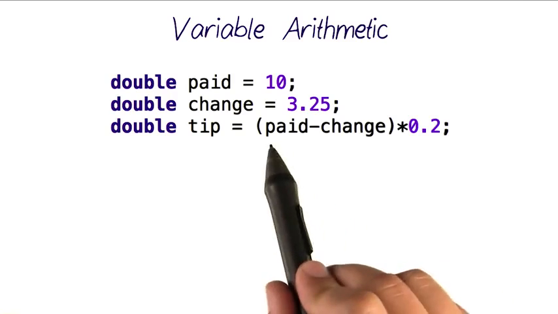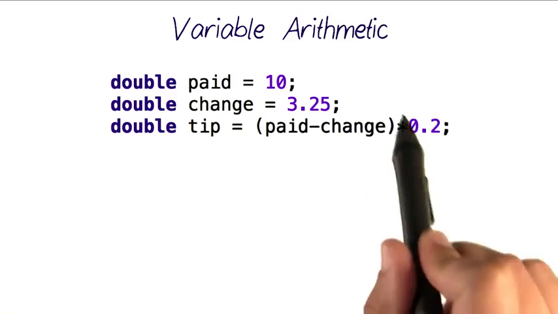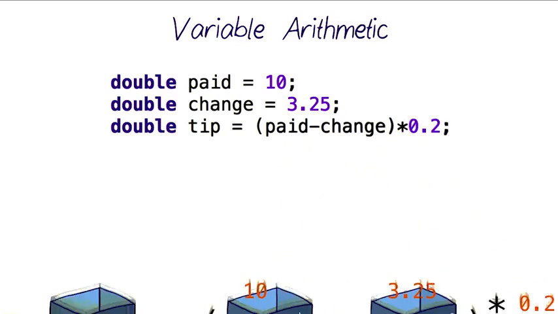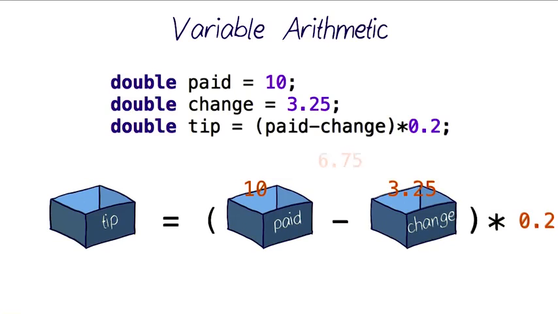This is to force the computer to apply this subtraction before it does the multiplication over the result of that subtraction. So in this case, what would happen is paid minus change would calculate the value of 6.75, and then that result would get multiplied by 0.2, which would evaluate to 1.35, and that would get stored in the variable tip. So I know I have to pay $1.35 tip.